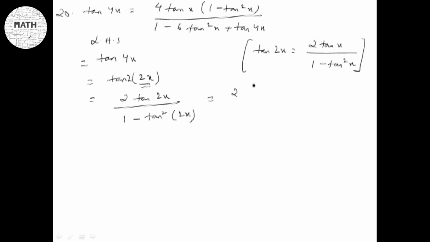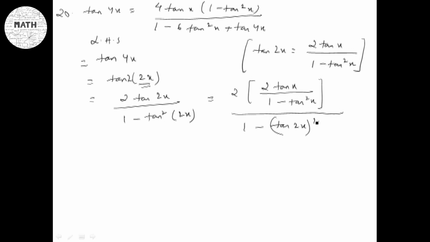It will be 2 tan x divided by 1 − tan²x, and similarly 1 − tan²2x, I can say it to be nothing more than tan 2x the whole thing squared.